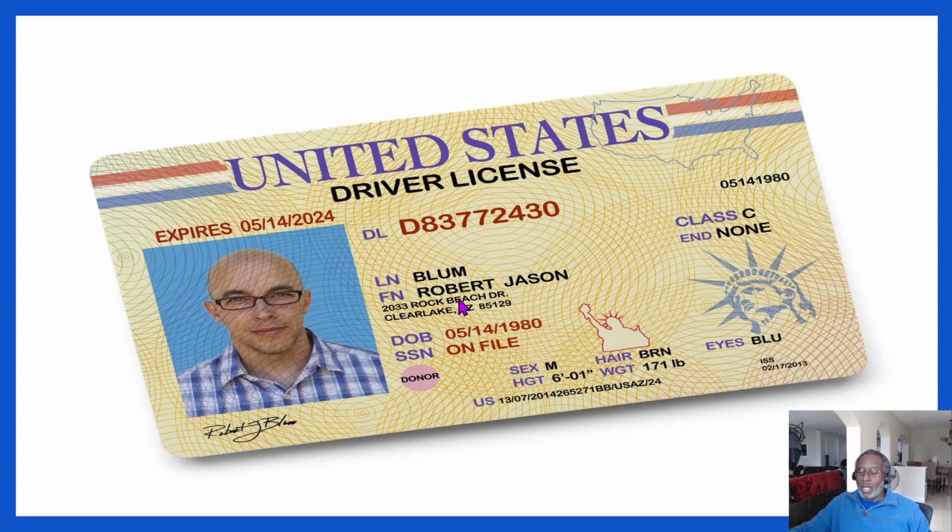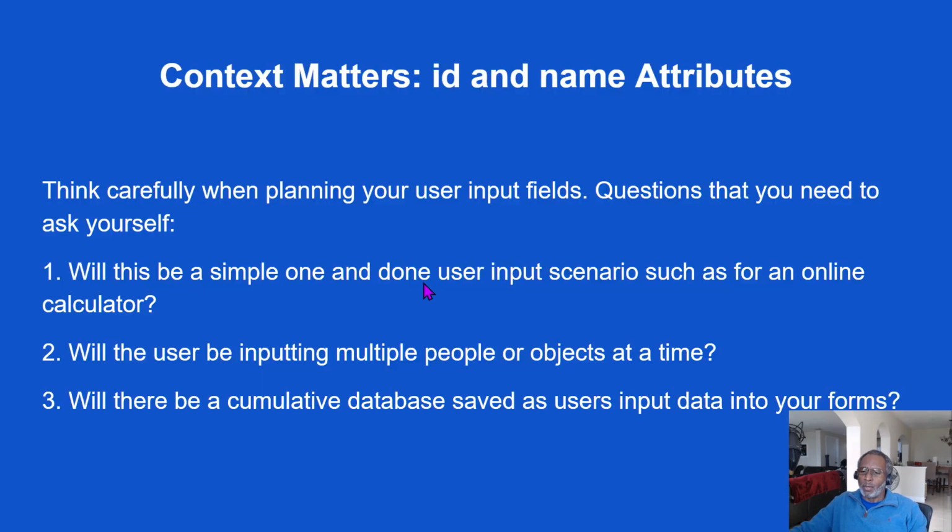Robert as a name isn't unique at all. There might be a million Roberts. And so this is the same way we're going to use the two attributes in order to make an input field both unique and also have the flexibility for it to have the same name if needed.